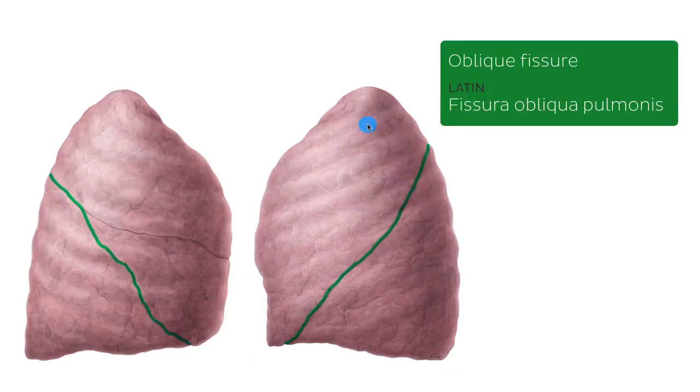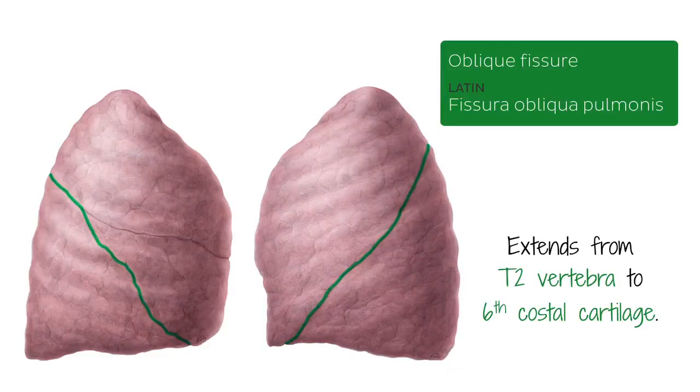On the left lung, it is separating the superior lobe from the inferior lobe. Also, in terms of location, the oblique fissure extends from the second thoracic vertebra to the sixth costal cartilage.